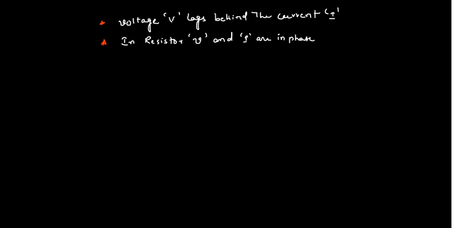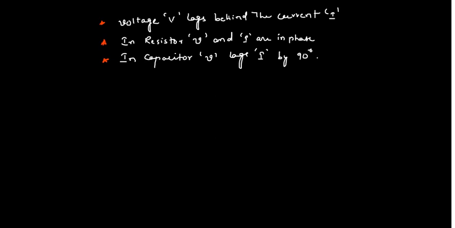And already we know that in a capacitor, V lags I by 90 degrees. This condition occurs when the circuit is a pure capacitive circuit.